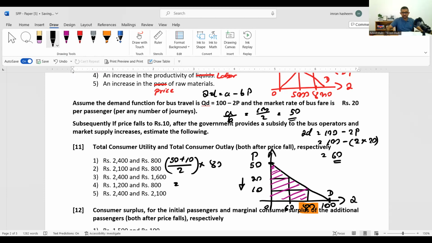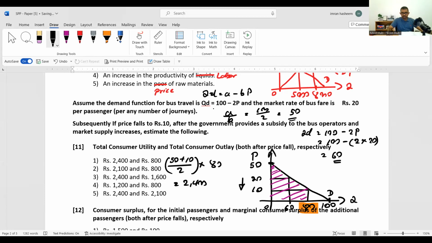How much do you get when you solve this? 2,400, yes. So 2,400 is total consumer utility.